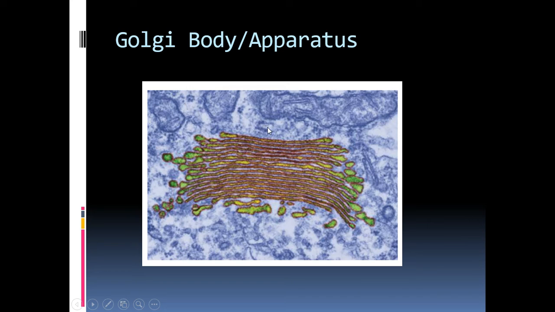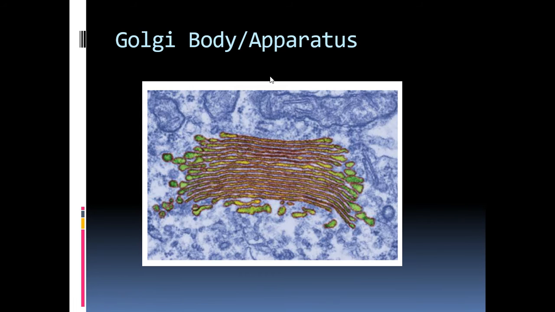So whenever a protein has been made by ribosomes on the rough endoplasmic reticulum, the protein will move into the rough endoplasmic reticulum and travel to the edge to be packed in small vesicles that bud off from the membrane of the rough endoplasmic reticulum itself.